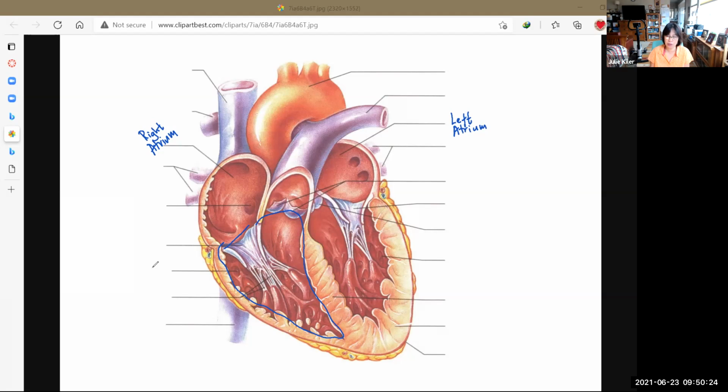So anatomical position is always like this, and this is my left, this is my right. Even though from where you see it, my left appears as a right, you need to count as if you are me. That's how you do anatomical position. So what is this? Good job, Sylvia. Right ventricle.